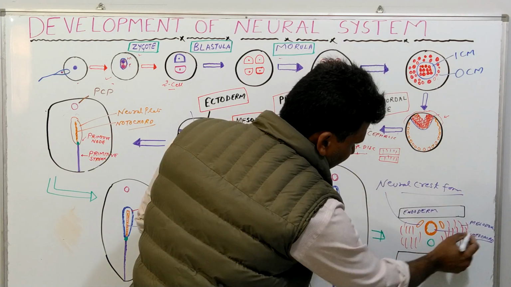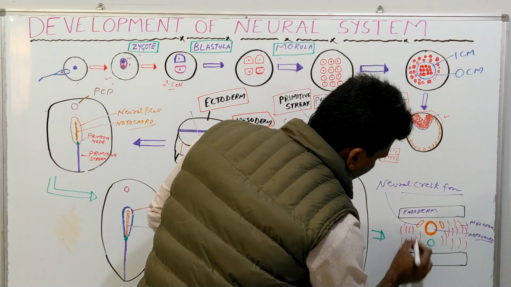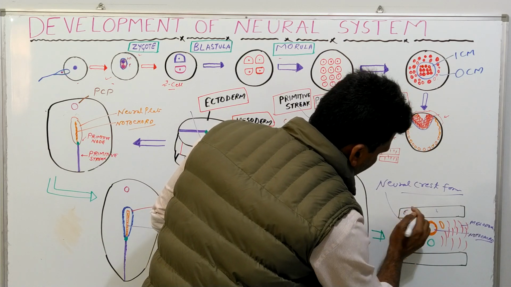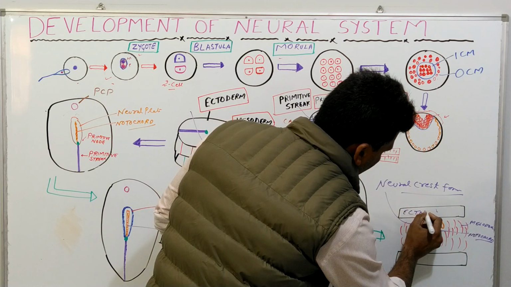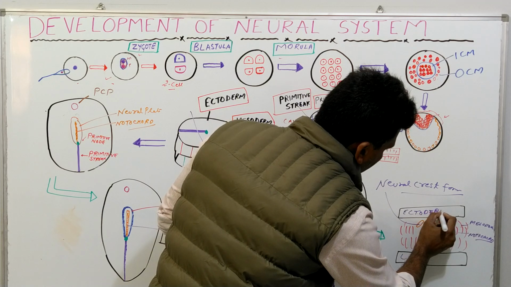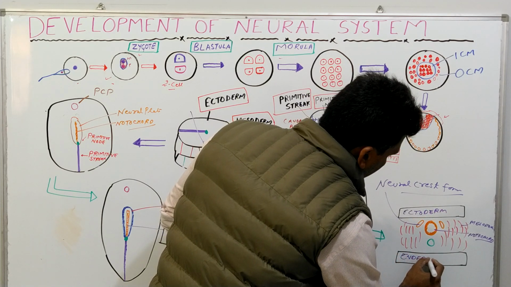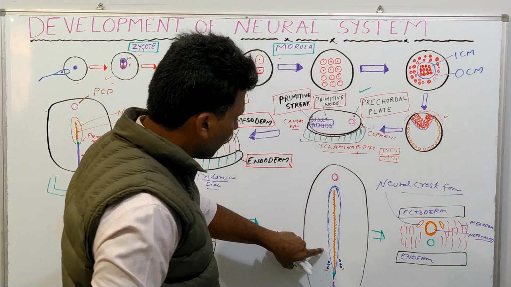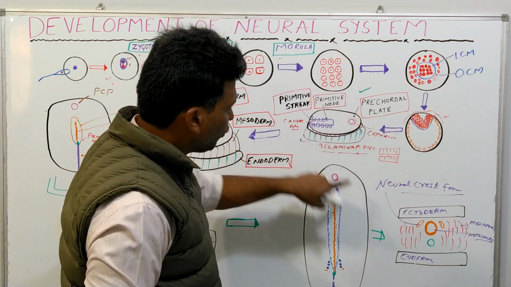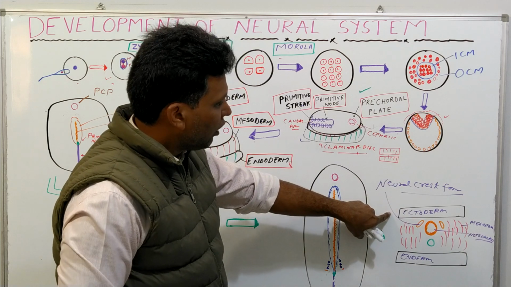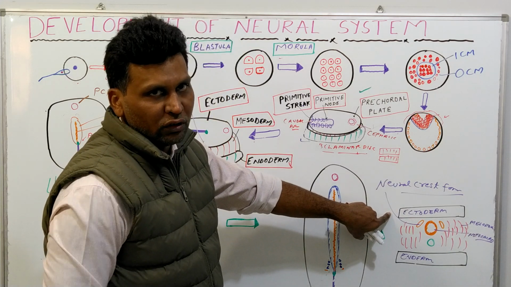Neural crest cell. This is mesoderm, and this is ectoderm, and this is endoderm. So basically from the ectoderm, you can see this is the layer ectoderm. That's why it is called neuroectoderm. Why is it neuroectoderm?